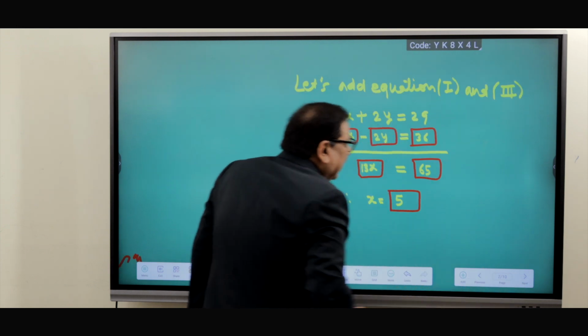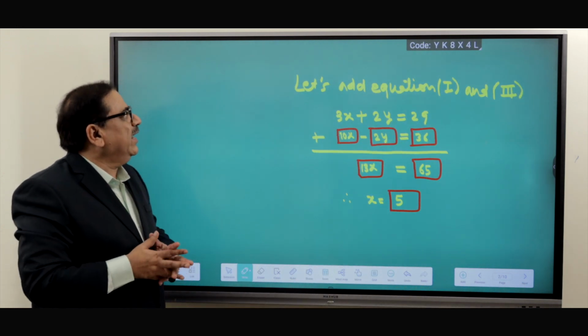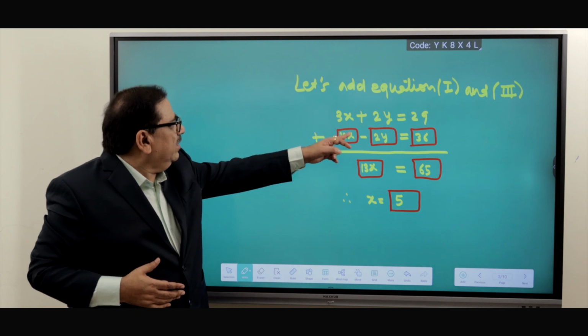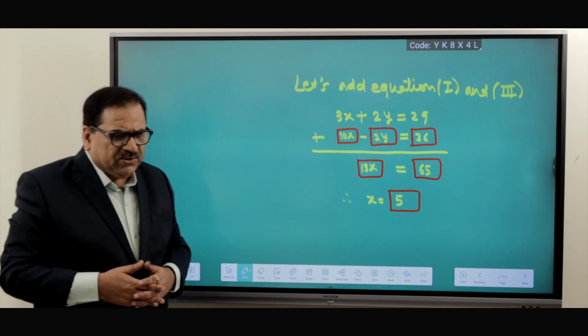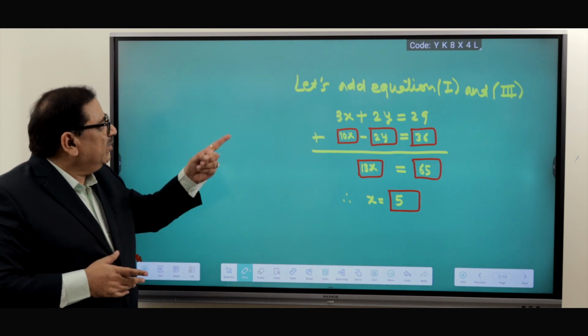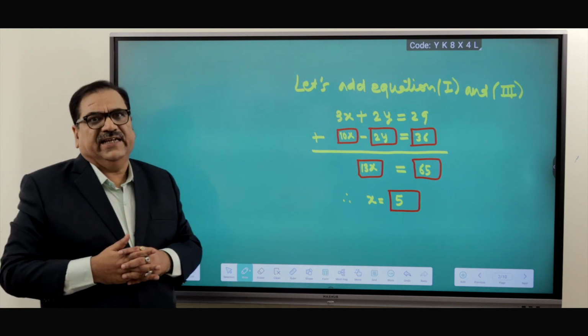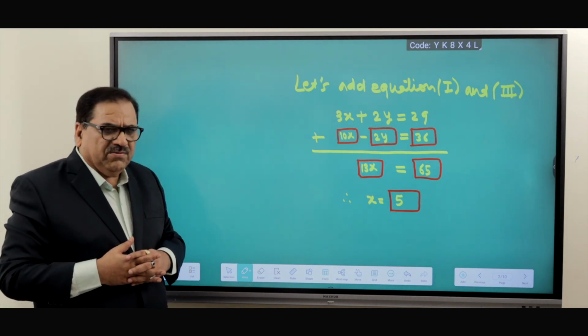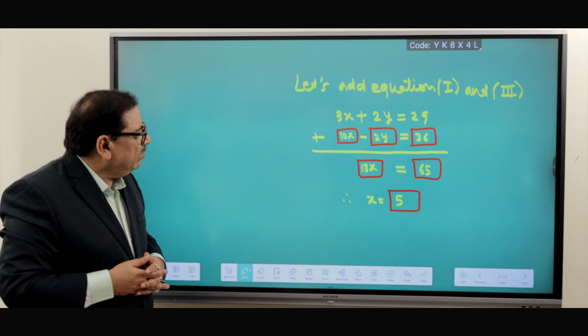Then adding equation 1 and equation 3, 2y and minus 2y cancelled, 3x and 10x becomes 13x, 29 plus 36 becomes 65. Therefore x is equal to 65 upon 13, which is 5.